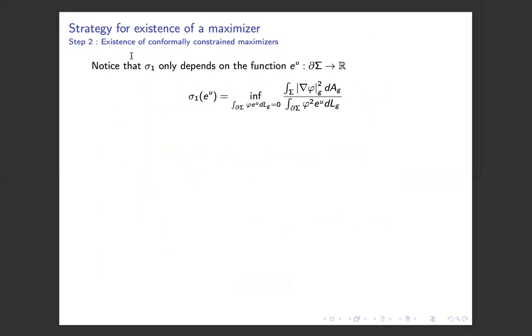So this problem is somewhat simpler because we maximize the Steklov eigenvalue only on a set of functions. And moreover, since we have conformal invariance of the Dirichlet energy, it's just on a set of functions on the boundary.